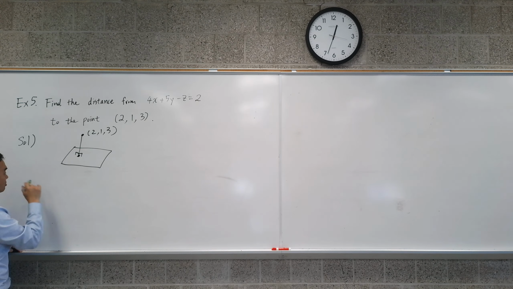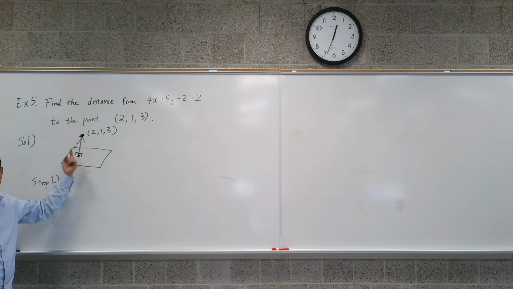Okay. So step 1. What's this direction vector? Can you read that off from the problem? No, 2, 1, 3 is the coordinate. 4, 5, negative 1. That's the normal vector to this plane, right?